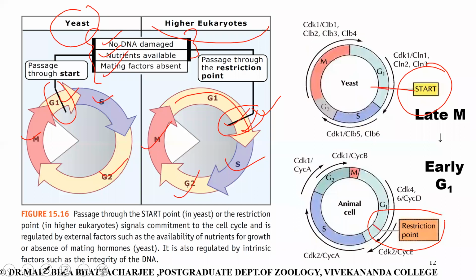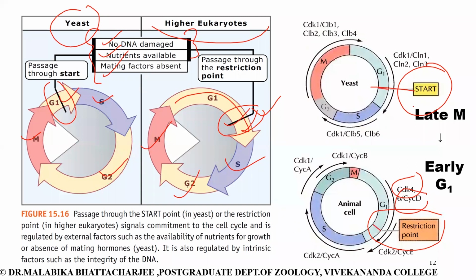Now, as I said, let us look into the molecular players of this cell cycle. In this picture, you can see that in each stage there are two partner proteins. One is cyclin dependent kinase, briefly written as CDK4, and the other is cyclin D. We will get into the details of how CDK and cyclins function at the molecular level further on.